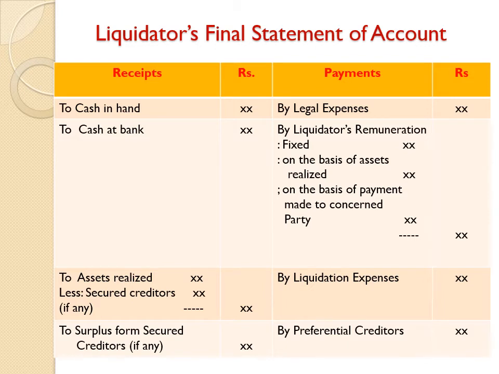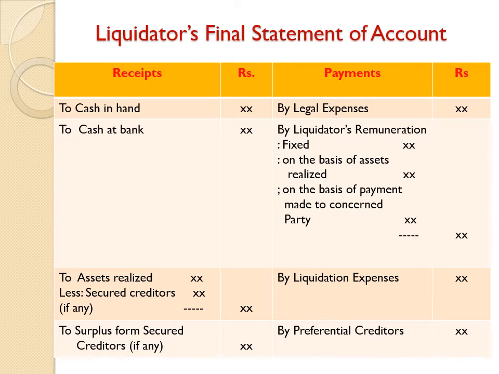That amount is deducted from assets realized, called secured creditors. If fully secured creditors, the secured asset is sold by the creditors and the excess amount is handed over to the liquidator, called surplus from secured creditors.